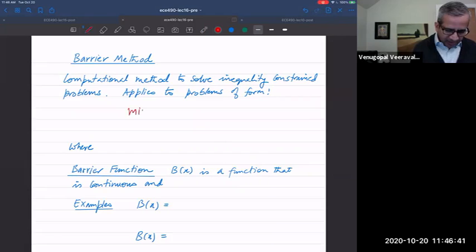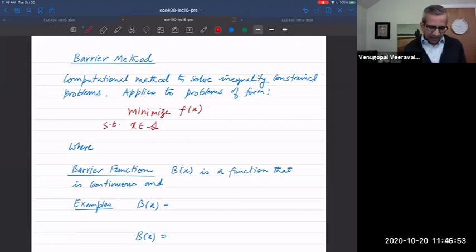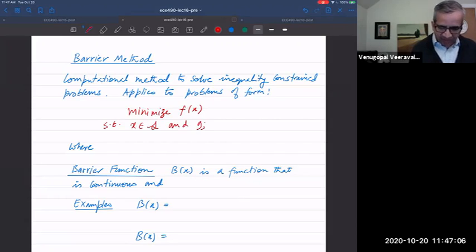So we want to minimize f of x such that x belongs to some set S, and that, by the way, that set S could say correspond to equality constraints, for example. Or the set S could just be the entire Euclidean space Rn.